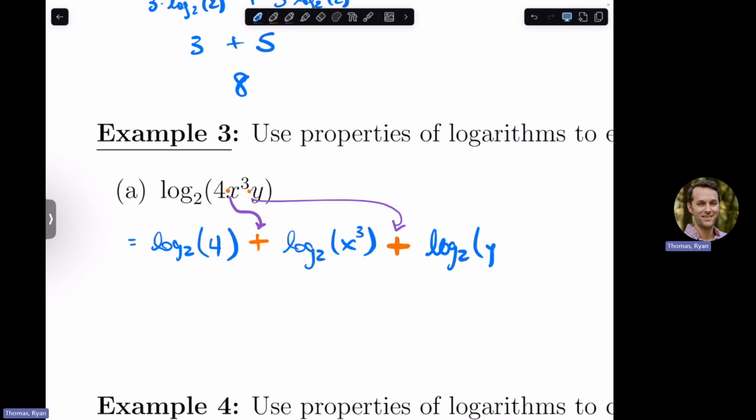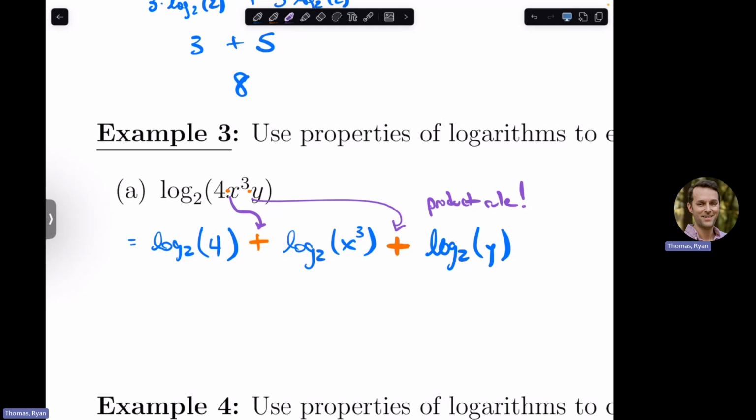You get the log base 2 of y. Now, yes, there are 3 log terms now, but if I look at any one of them at a time, I'm not as intimidated by this as I am by this whole thing, right? Like this is what logs do for us.